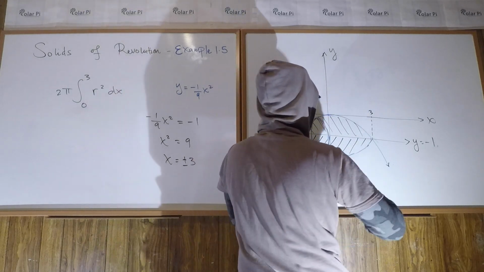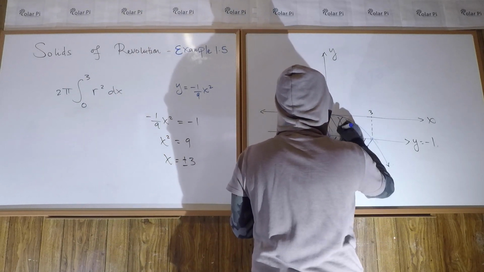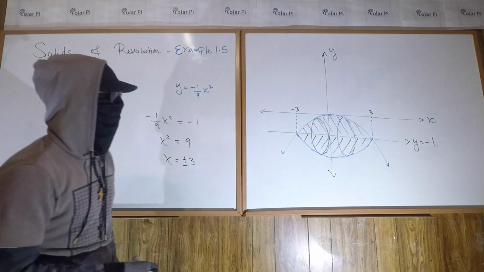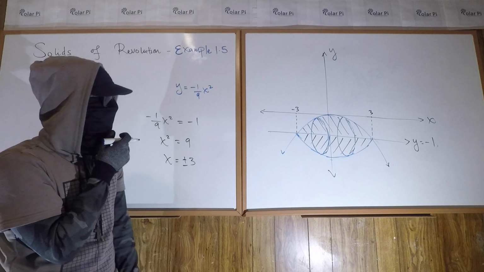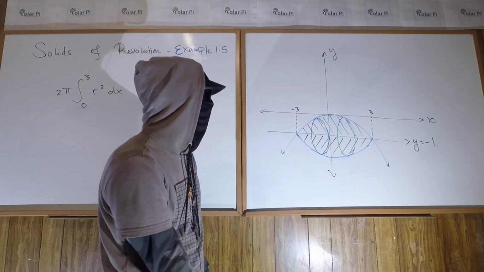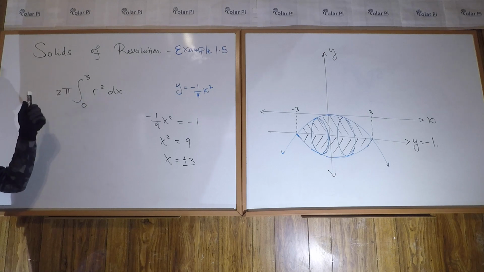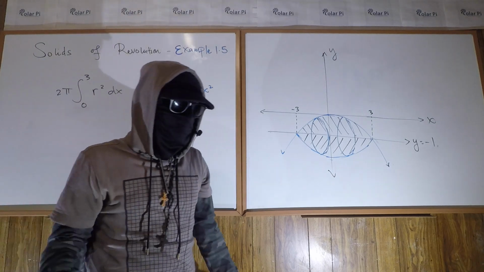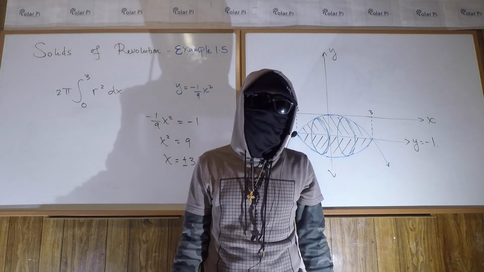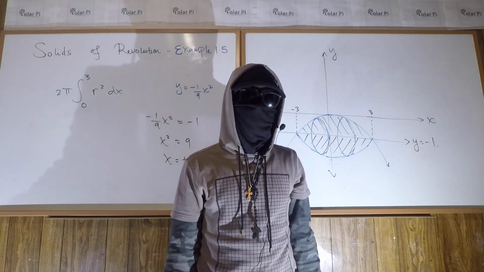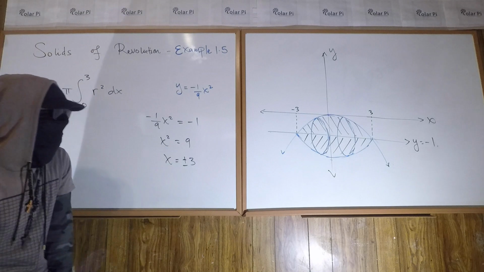Draw a cross section. Okay, here's another cross section on the right. So the symmetry all the way, right? So why would I want to have 0 to 3 and double it as opposed to -3 to 3? Because plugging in 0 makes things easier, makes life easier.